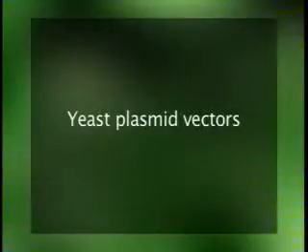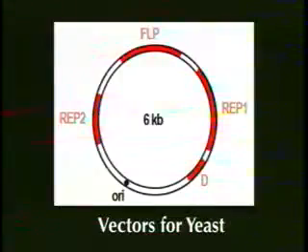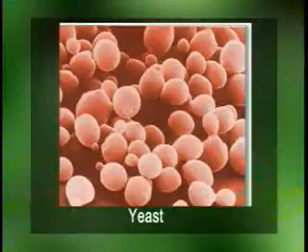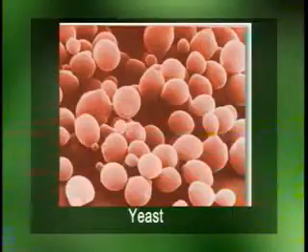Yeast plasmid vector. Yeast is a single-celled eukaryotic microbe which can be cultured and manipulated using the standard techniques applied to bacteria. The genetic material of yeast is packaged into chromosomes within a membrane-enclosed nucleus and partitioned at cell division by mitosis and meiosis.